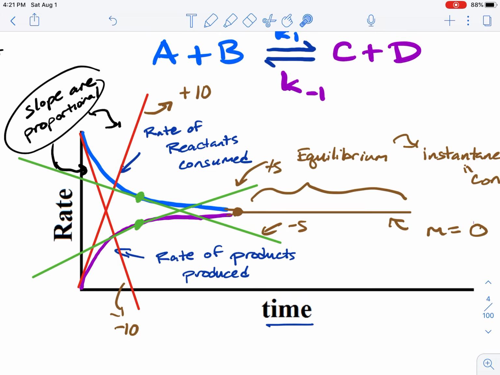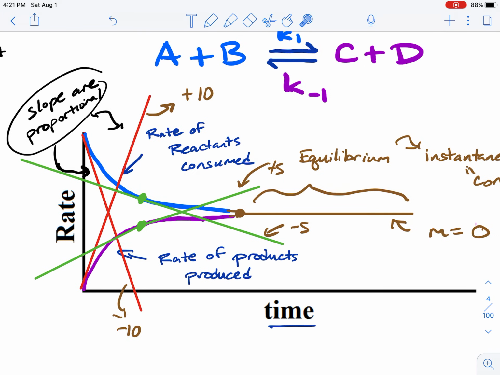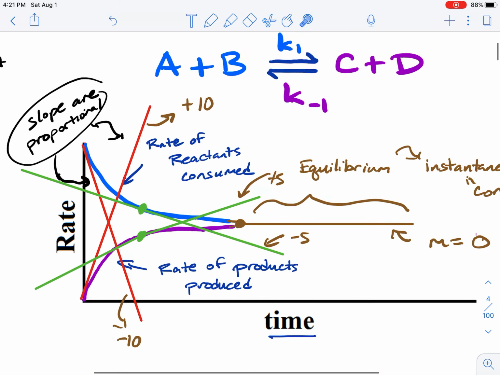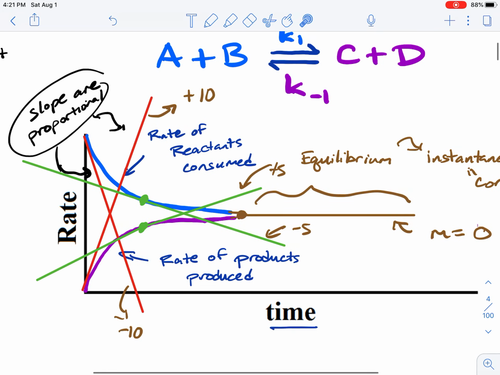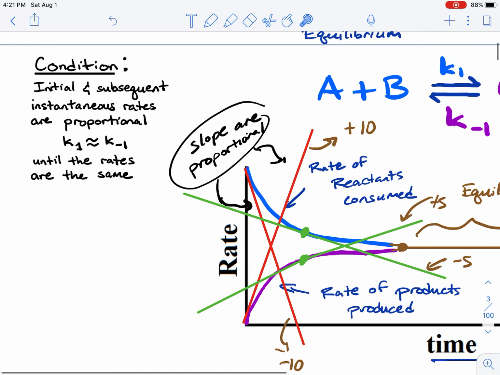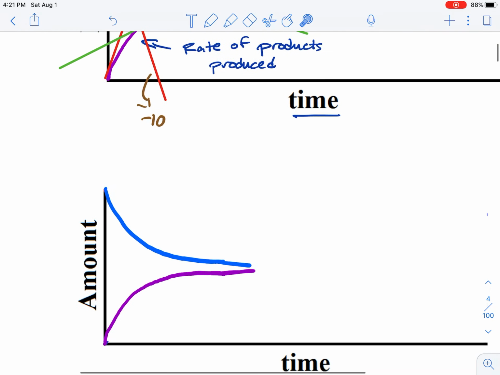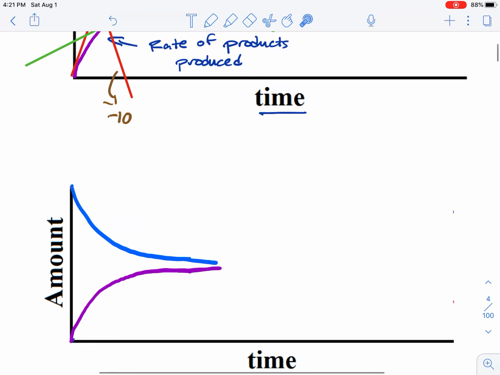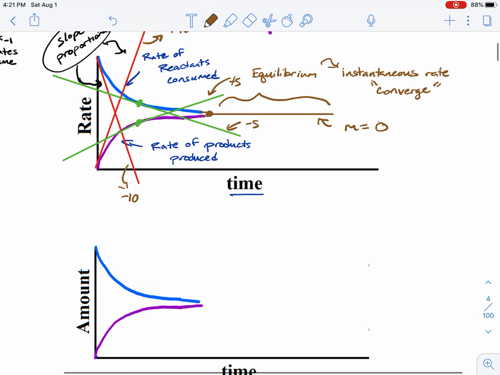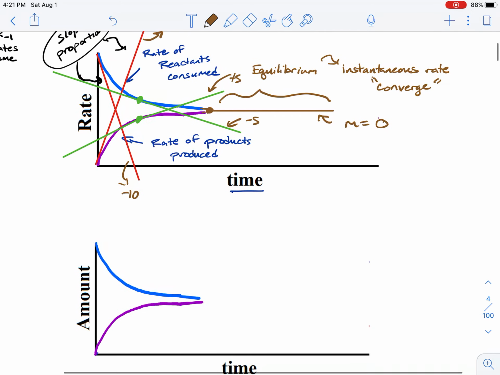And so how does this type of scenario affect the amount of reactants and the amount of products? Well, in this specific scenario, since the instantaneous rates are proportional both in the forward and reverse, then the amount of reactants and amount of products will look very similar to that of the rate of reactants being consumed and the rate of products produced.